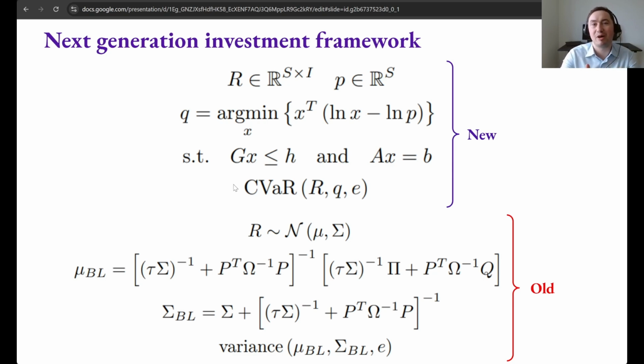When you read about this investment framework, I encourage you to do it from a strictly logical perspective, because the approach and the methods are better from a strictly logical perspective. So there is no discussion, there are no opinions, nothing like that. The reason that we are stuck with this variance-based approach is because there are so many articles, books, courses, and so much software that relies on this.